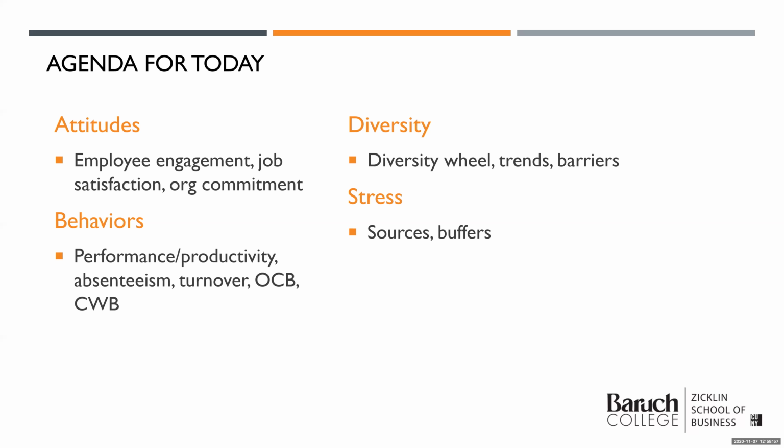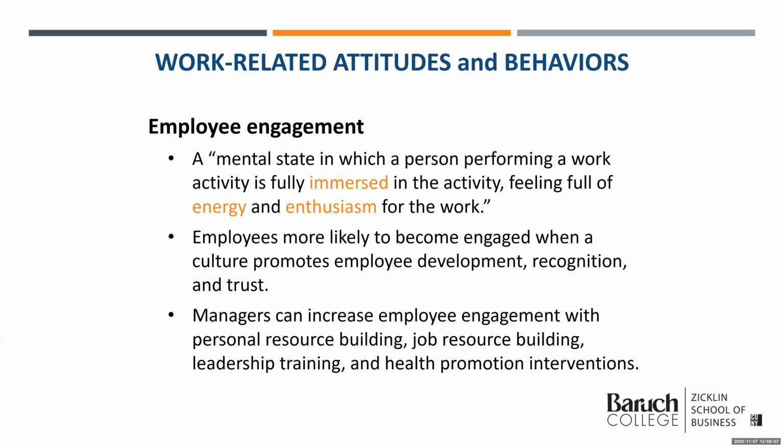So on the agenda for today, we are going to continue the discussion about the ways in which people differ and how that affects performance. In this first section, we're going to talk about work-related attitudes.